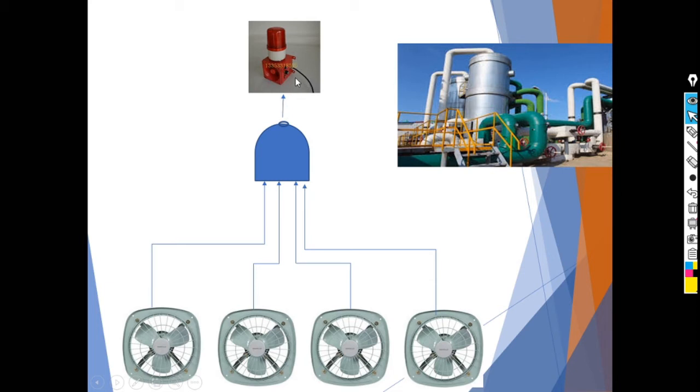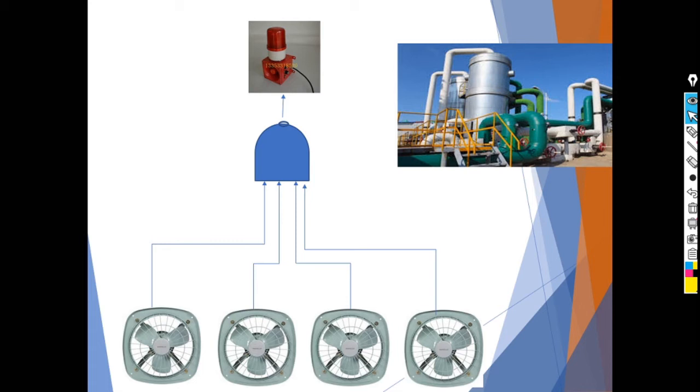This alarm is used for identifying if any one of the exhaust fans is not working. When all the fans are operating, the NAND gate output is off, disconnecting the alarm. When any one of the fans fails, the output of NAND gate is 1, that is on. The circuit is connected and the buzzer goes on, the alarm producing sound.